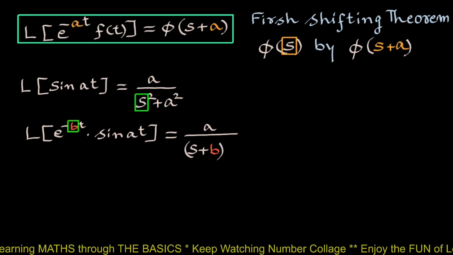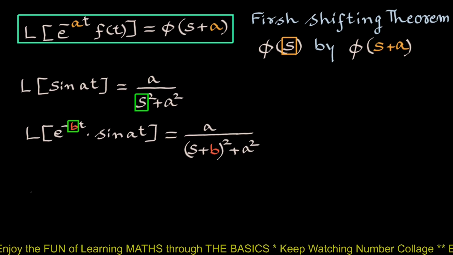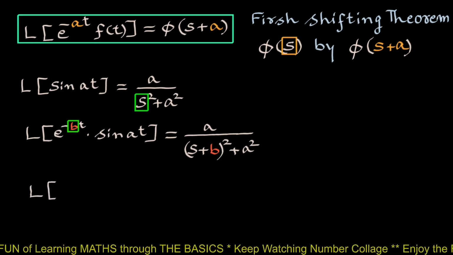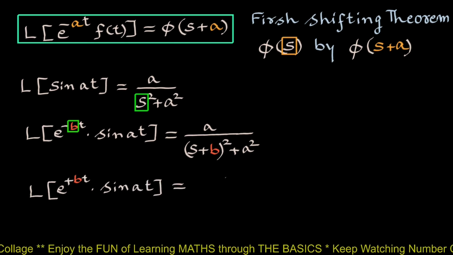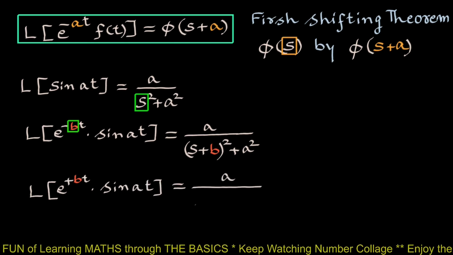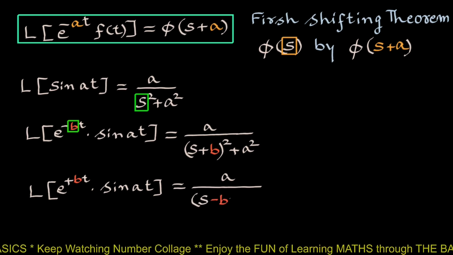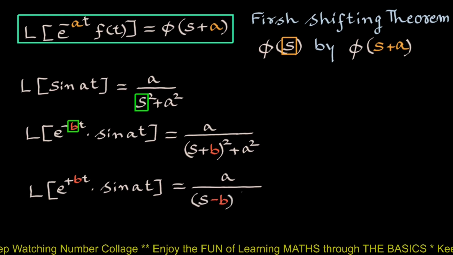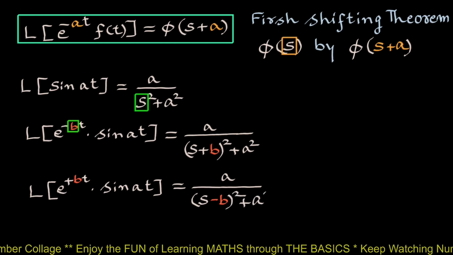So this will be a upon (s plus b) whole square plus a square. Obviously, for the Laplace transform of e raised to plus bt sin at, we have to replace s by s minus b instead of plus b. So it becomes a upon (s minus b) whole square plus a square.